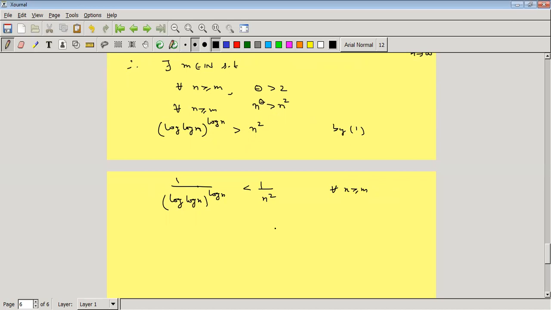Now we apply the comparison test. We have one series an, another series bn. If bn is convergent, then an is also convergent.